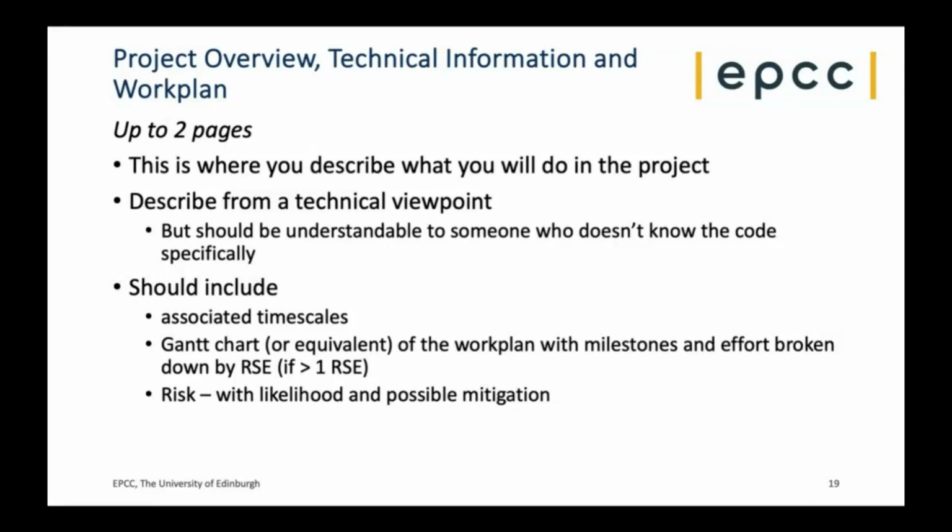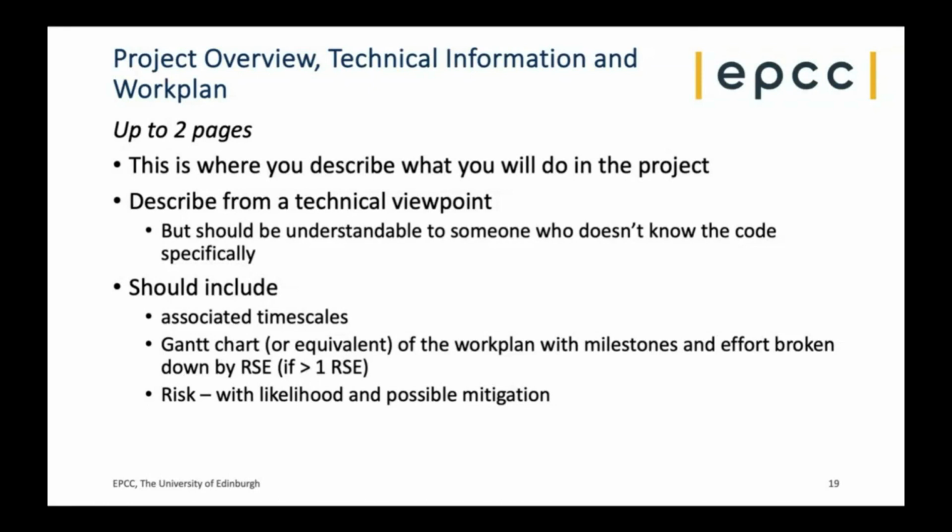It should be written so that somebody who has expertise in the subject area, or is a software developer, can understand it, but you should not expect them to have very specific knowledge of exactly what your code is. You need to think about that as you're writing the technical section.